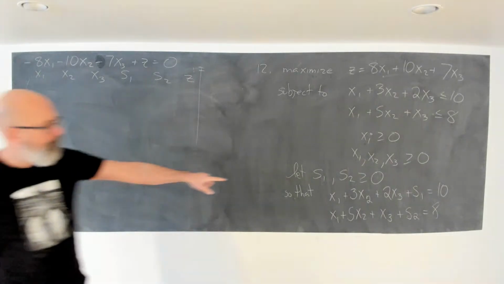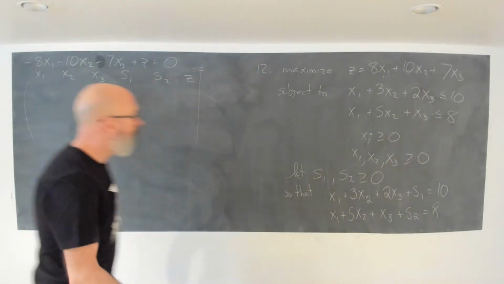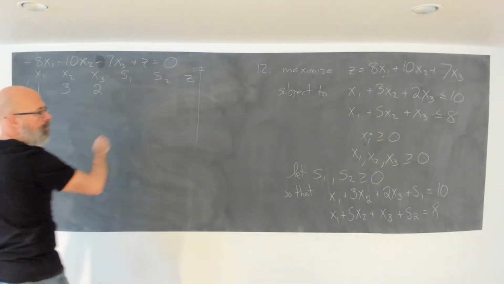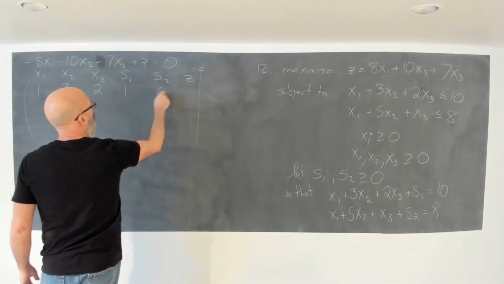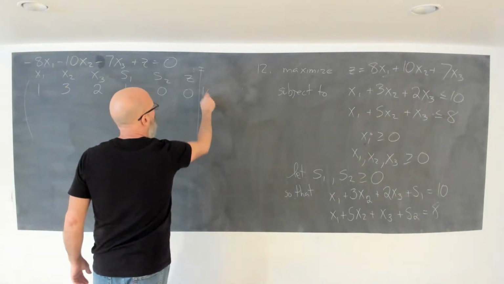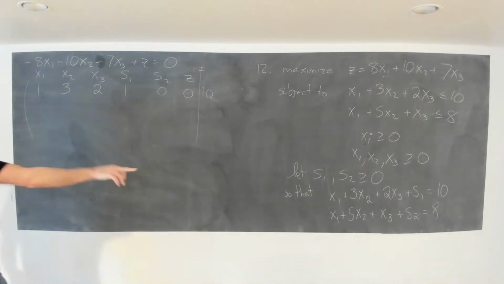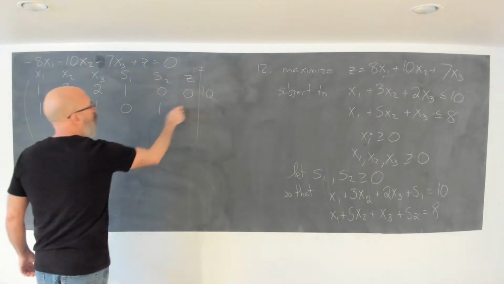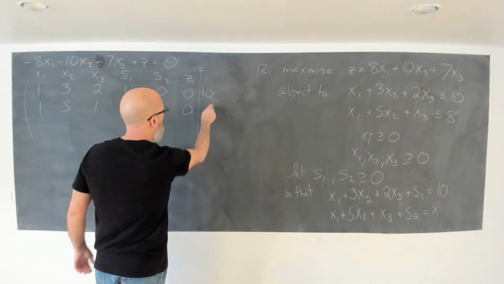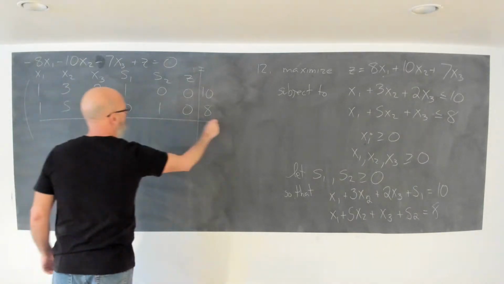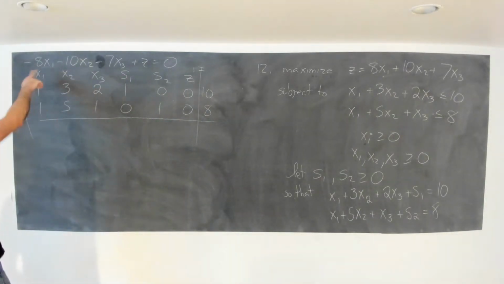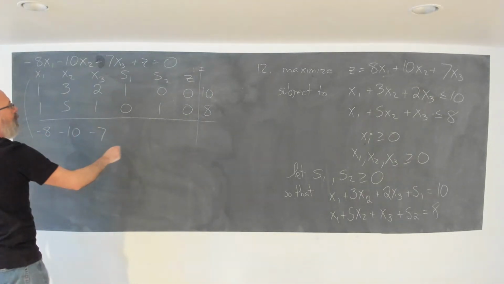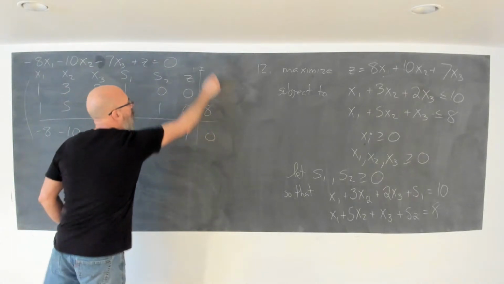So first equation: 1x1 plus 3x2 plus 2x3 plus 1s1 is equal to 10. And second one: 1, 5, 1, 0, 1, 0, and 8. And then combine with this third one here: minus 8, minus 10, minus 7, 0, 0, 1, 0.